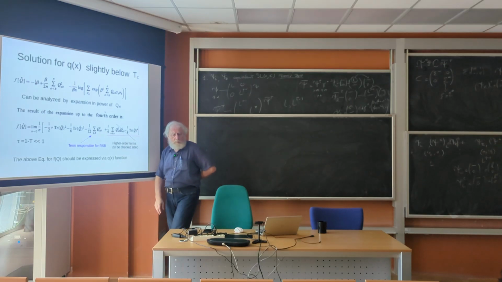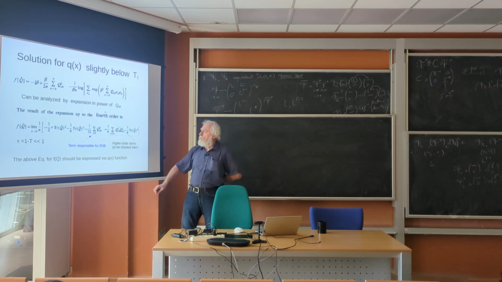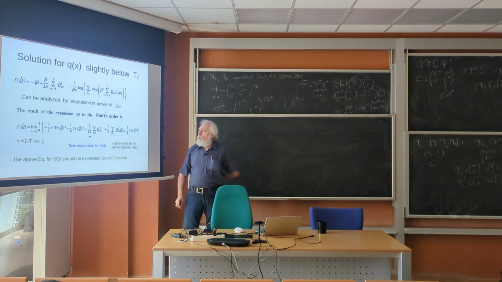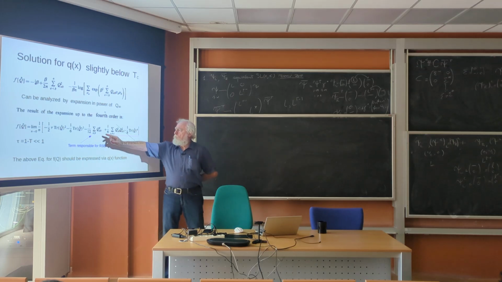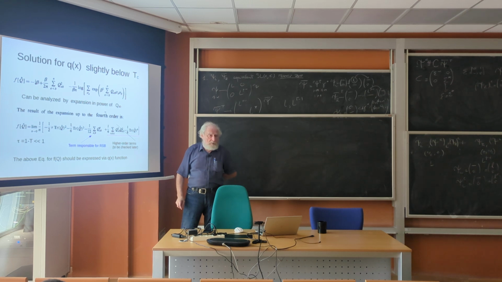The same will be true for other matrix elements. So expansion up to the fourth order in Q matrix elements looks like this. And the key point, the term we need to consider is this one. It is exactly this term with this negative coefficient, which was responsible for instability of a trivial replica symmetric solution.